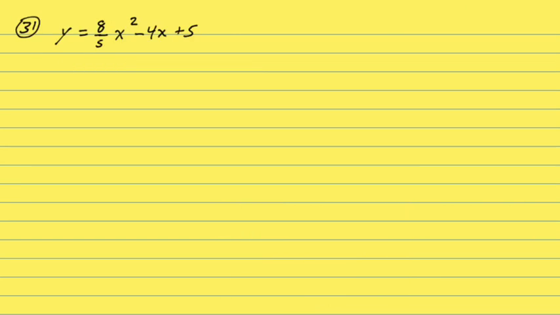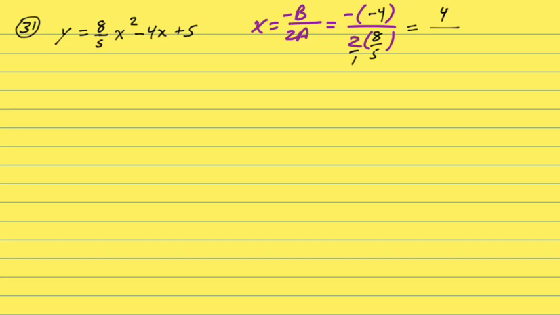Okay, let's take a look at 31. Again, I want to use negative b over 2a, or x equals negative b over 2a. Negative b, 2a, b in this case is negative 4, a appears to be 8/5. So that makes it a 4 over, I think, top times top, bottom times bottom, 16/5.